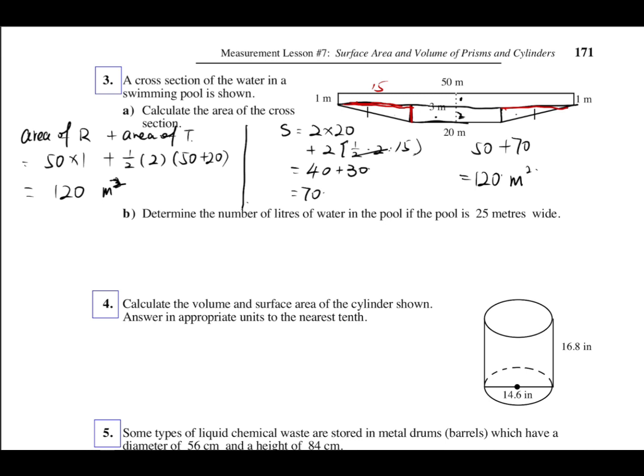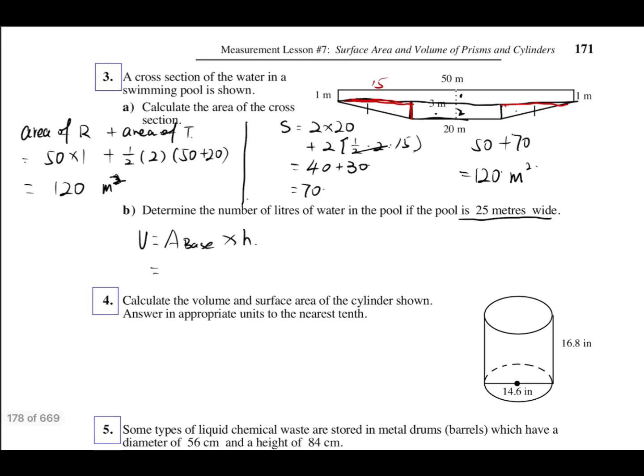Okay, and then for part B, determine the number of liters of water in the pool. The volume equals the area of the base times the height. So the base is the surface area, 120, times the height 25, and it equals 3000 meters cubed.